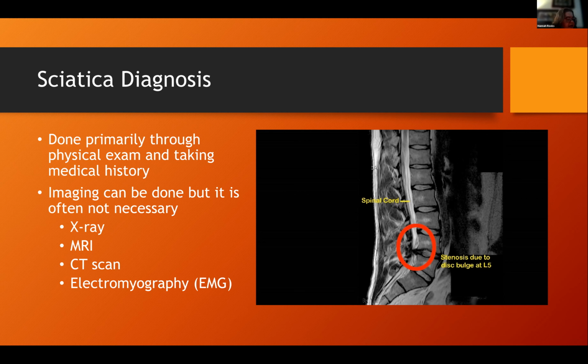Imaging can be done through X-ray, MRI, CT scan, or electromyography, but it's not necessary in most cases, unless they're trying to rule out other diagnoses or there are signs and symptoms of a more serious condition.